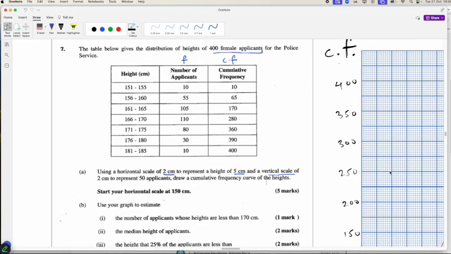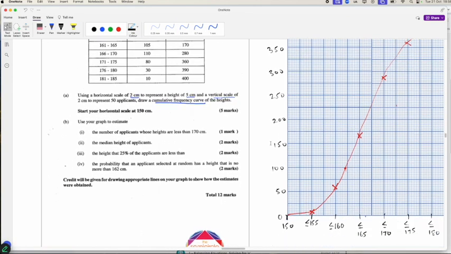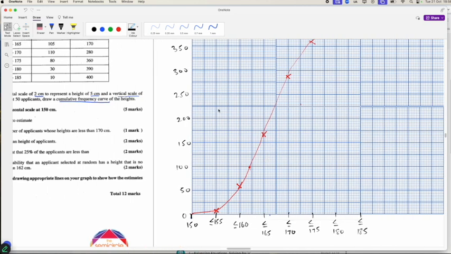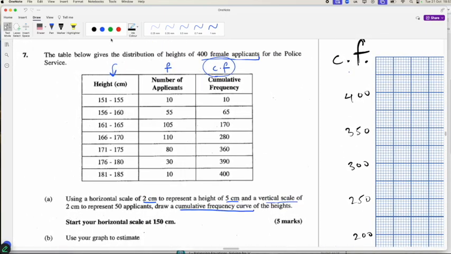Now, they're asking us for a cumulative frequency curve. So that means cumulative frequency is going to go on the vertical, and this is going to go on the horizontal. Now that we're talking about cumulative frequency, we're now dealing with less than. So now I could say that less than or equal to 155 is 10 people, right?